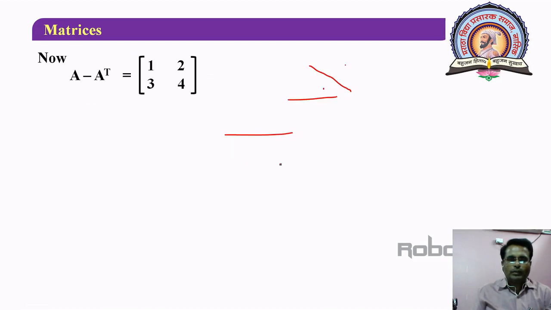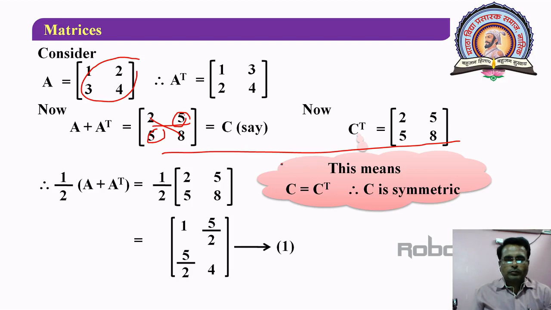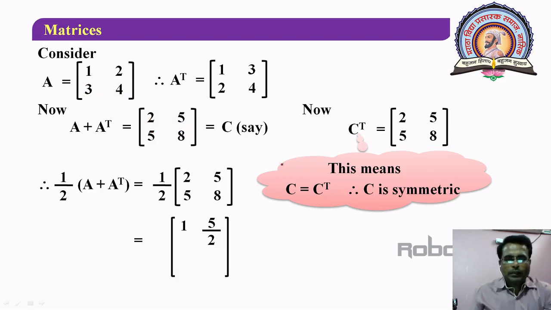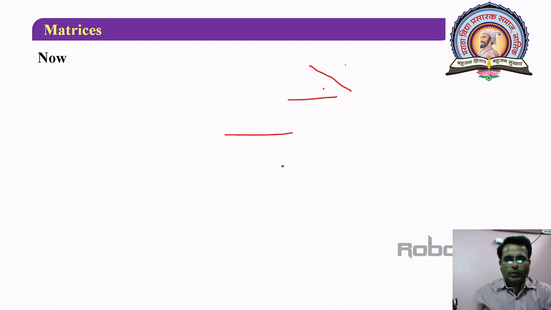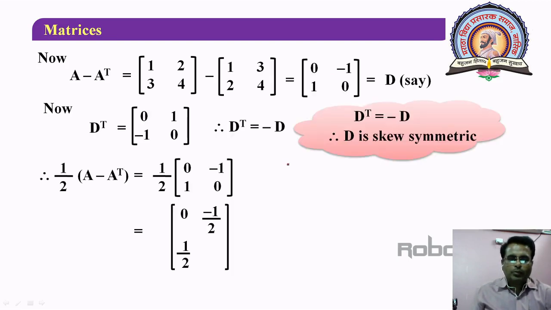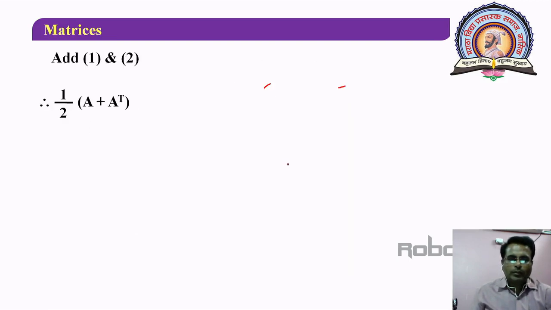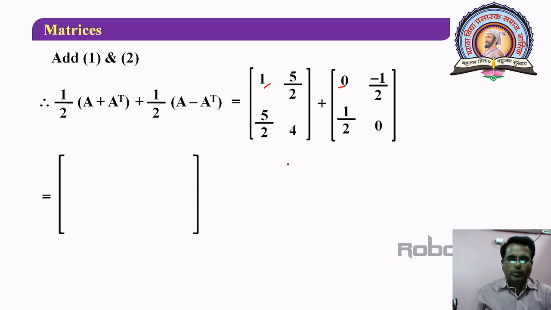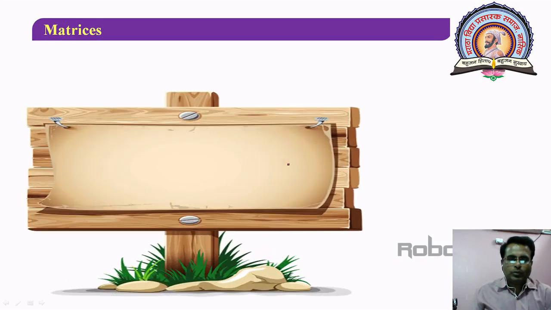This way, whenever we consider any matrix, it is possible to represent it as A plus A transpose, A minus A transpose, divided by 2, which gives the original matrix A. This way you can consider the representation of any matrix.